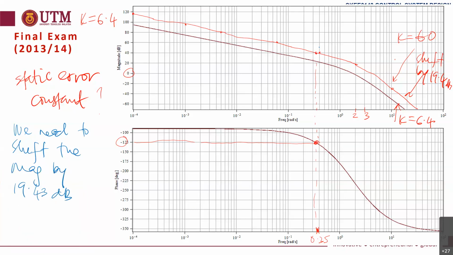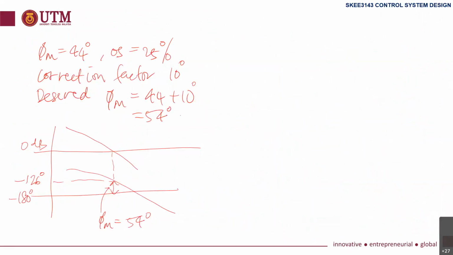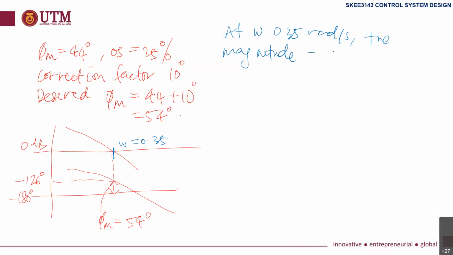At 0.35, the magnitude is 40 dB. At omega 0.35 radian per second, the magnitude equals 40 dB.